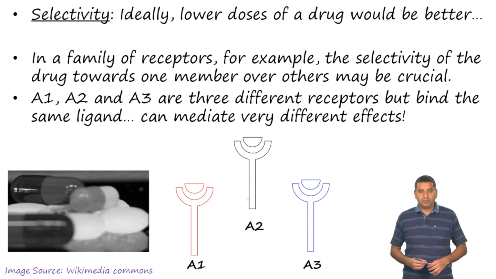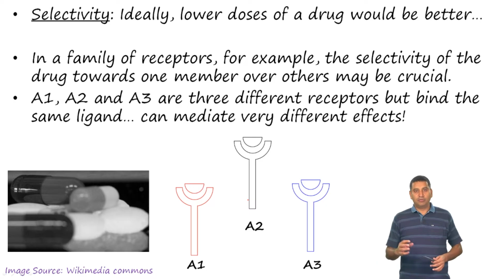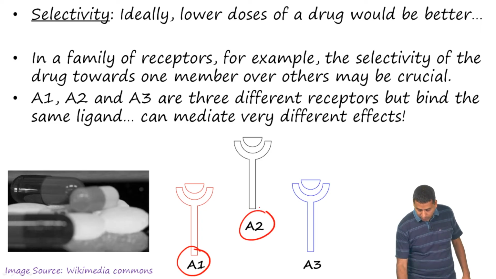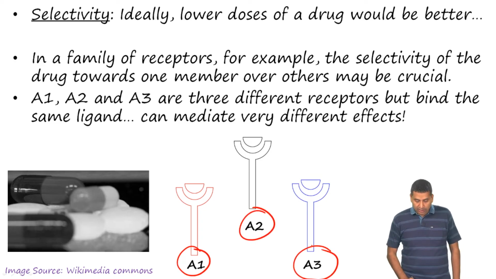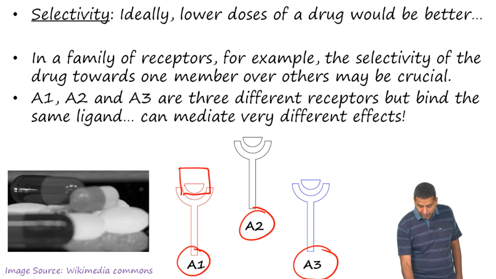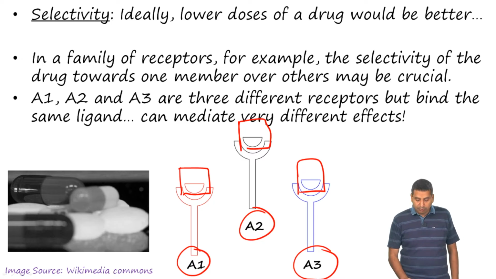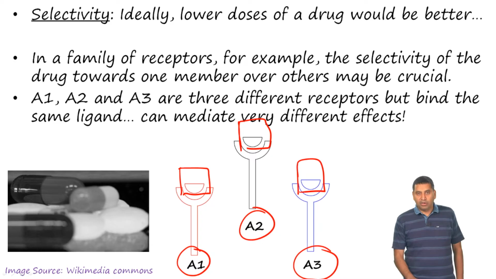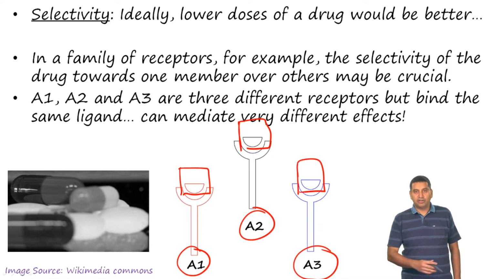Now, let us look at this example. We are looking at a lead compound which is going to bind to a receptor A, and there are 3 families of this receptor, A1, A2 and A3. This is the lead compound that we have obtained, and if it binds equally well to all 3 classes of the receptor, then the possibility that A1 mediates a completely different effect compared to A2 is very real.